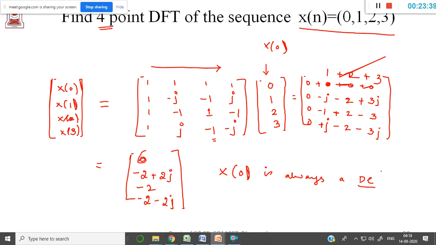a DC component. What do you mean by DC component? Look at this and this sequence. Here 2 plus 2j. Whenever you say that a j term occurs, what does it mean? It is x plus iy form, which is nothing but e to the power of j theta.